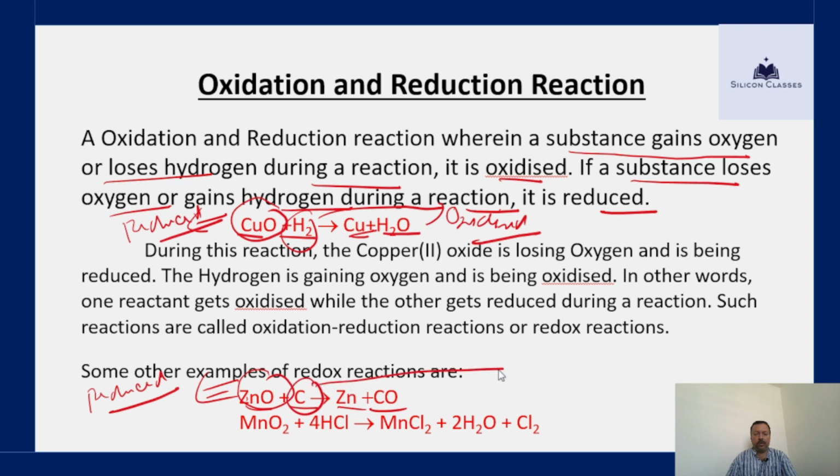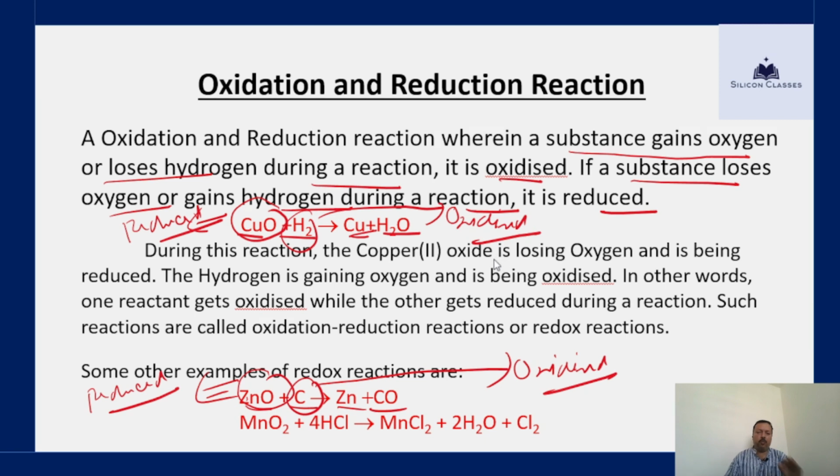Carbon is gaining oxygen to form carbon monoxide. As per definition, carbon is being oxidized to form carbon monoxide. So again, we are going to the definition of the oxidation reduction reaction.